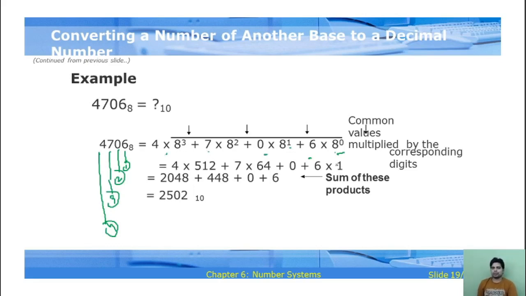So this is the sum: 6 into 1, plus 0, 7 into 64, and 4 into 512. So 6, 0, 448, and 2048, and the total sum is 2502. That is the decimal. So this is the conversion from octal to decimal.